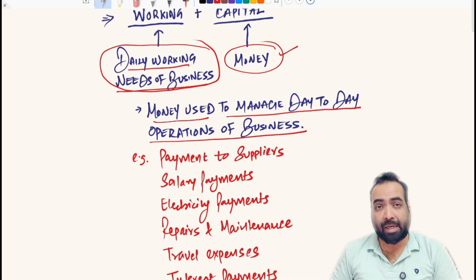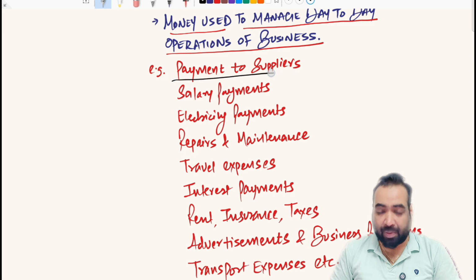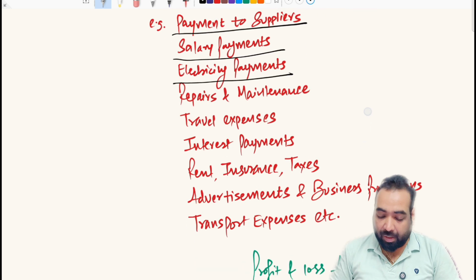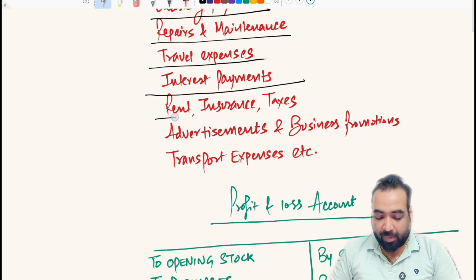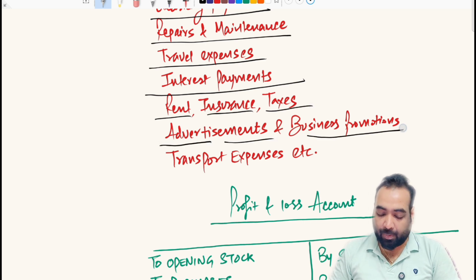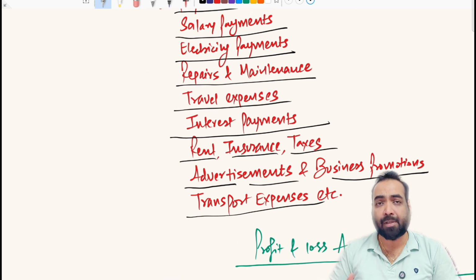And what do we mean by the daily working operations of the business? What are the expenses that are incurred on daily basis or on regular basis in the business? Some of the examples are payments to the supplier for purchase of raw material, salary payments, electricity bill payments, repairs and maintenance, travel expenses, interest payments, rent payment, insurance payments, tax payments, selling expenses, advertisements, business promotions, transport expenses, etc. These are the daily and routine expenses of the business, right?